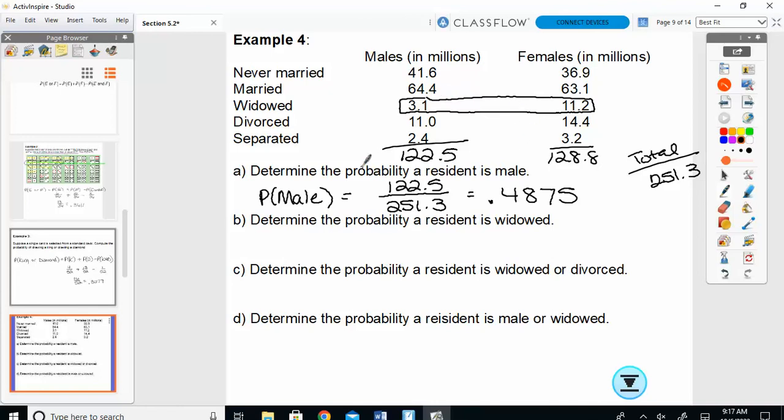Right, we need to add up the number that are widowed, and we're just dividing by everyone. You get 0.0569.